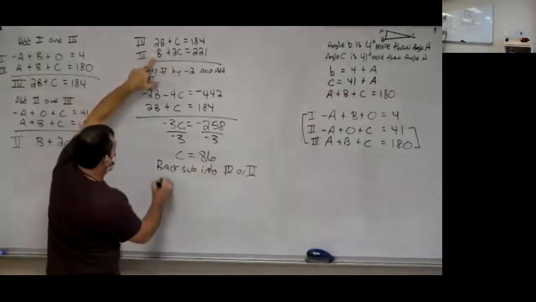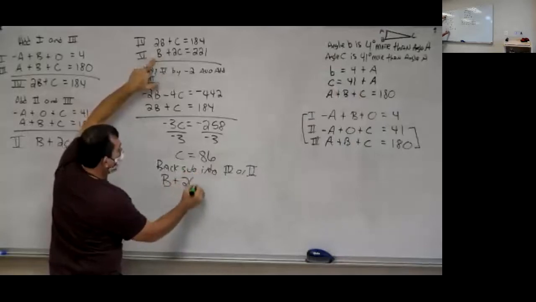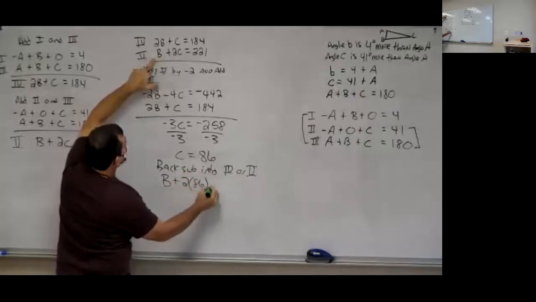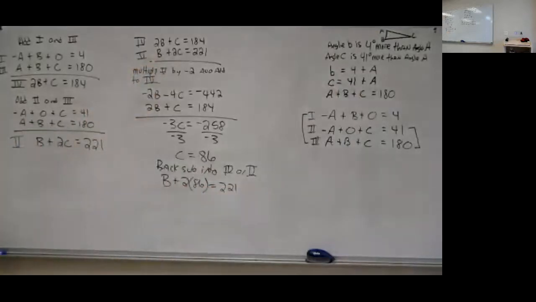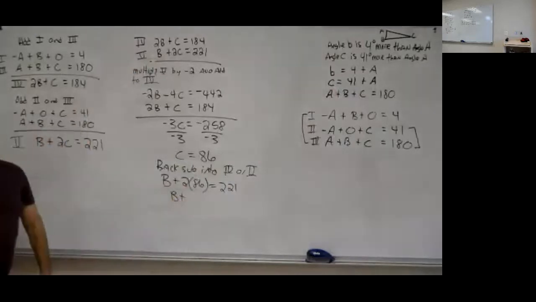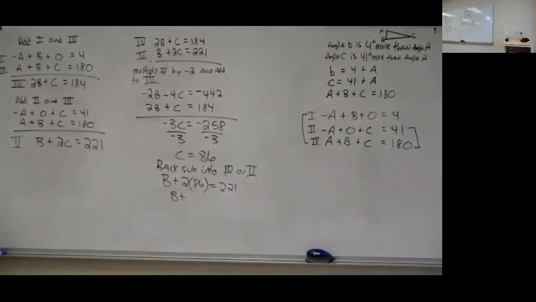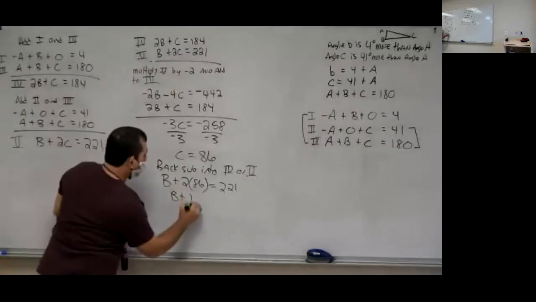I don't know the B, but I know that B plus 2 times C, which is 86, is going to give me 221. All right, 2 times 86. So 160 and 12, I'm getting 172.